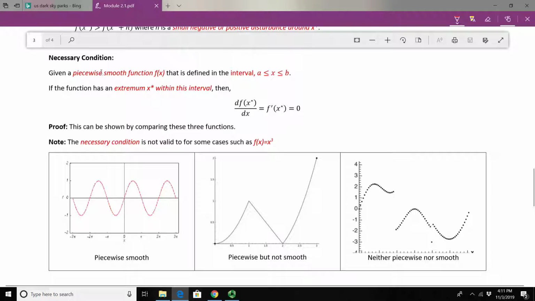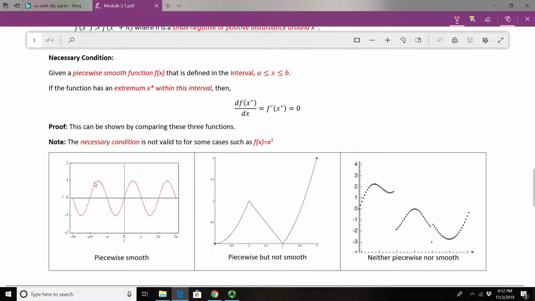So if I go back to the definition, if I have a piecewise smooth function, sine or cosine are great examples, there is an extremum within this interval a to b if df/dx, which is f prime as we will call it, is equal to 0. And you can see this very clearly here. Slope is 0.